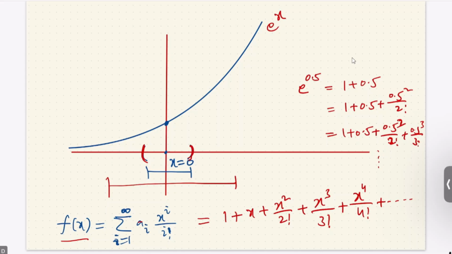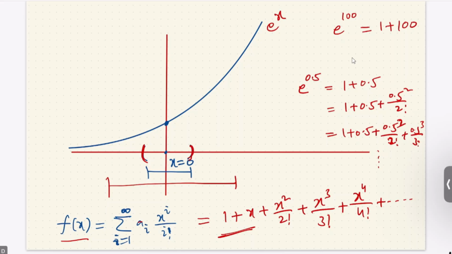So now the question is, are we really approximating e^0.5, or whatever? If I ask you for e^100, and you take only the first two terms, 1 plus 100, is that a good approximation? It is definitely not.